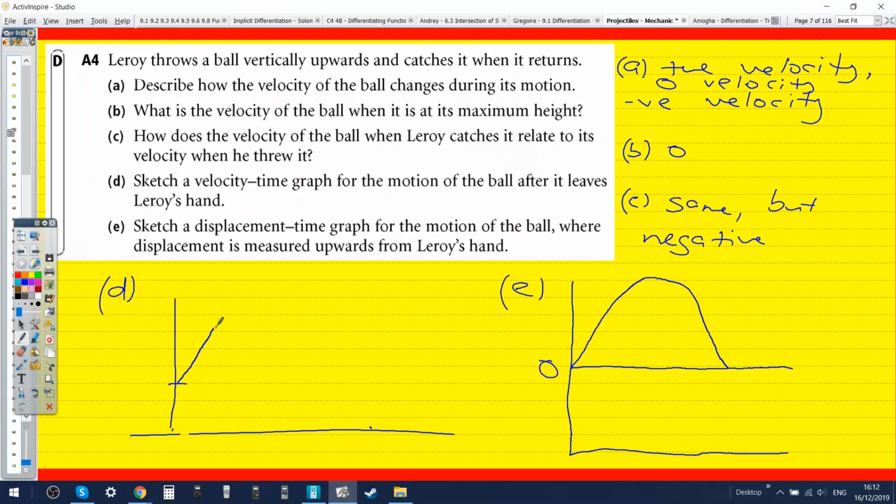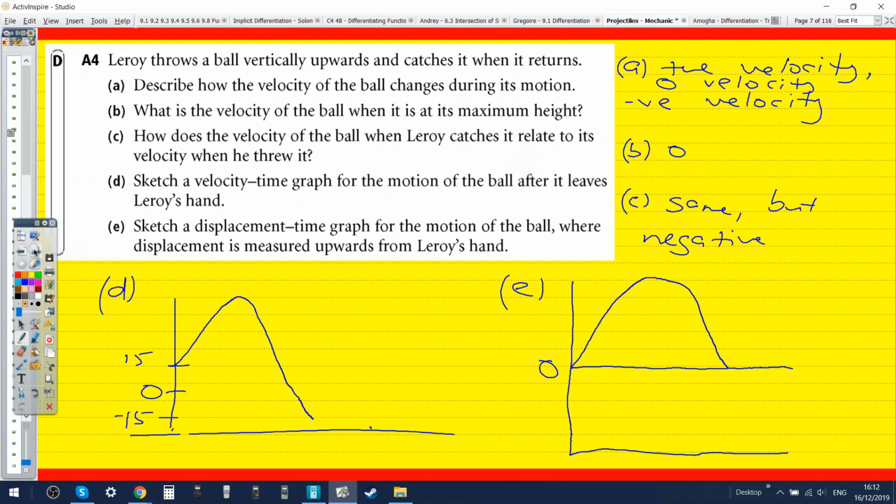So it's velocity. Yeah, so I think it might look something like that. If that's 15, then let's call that 0. Let's call that minus 15.